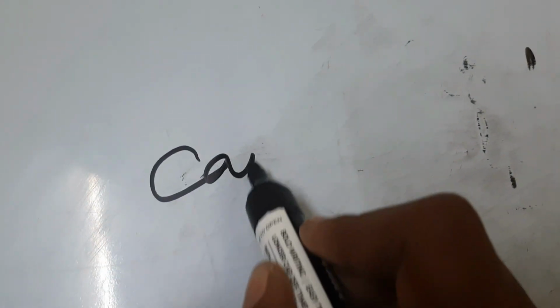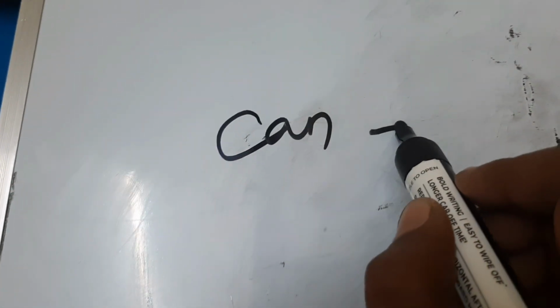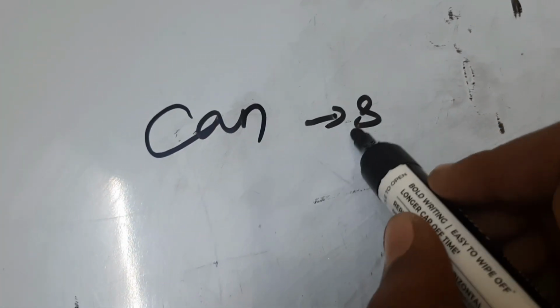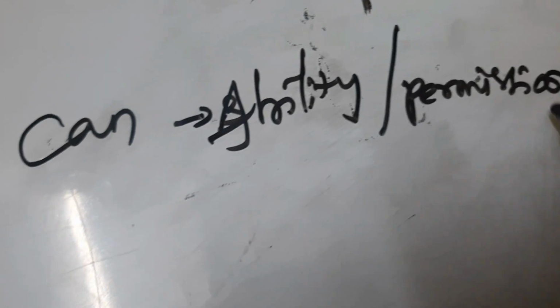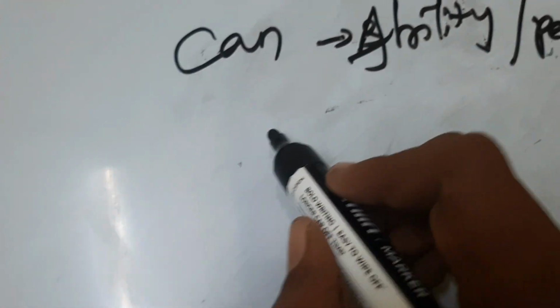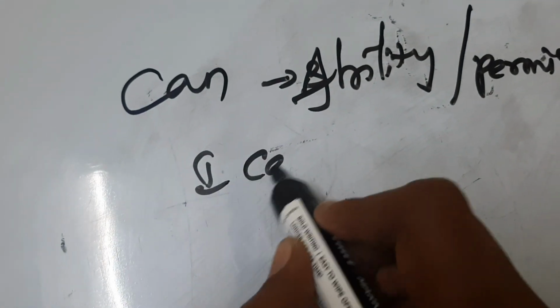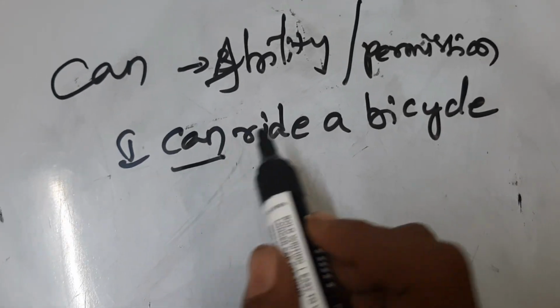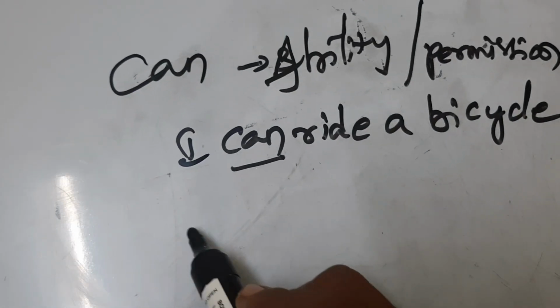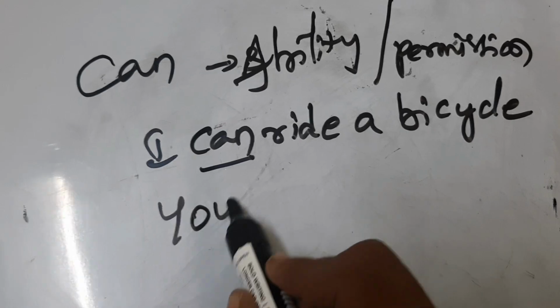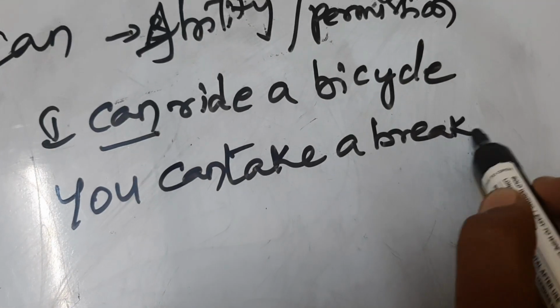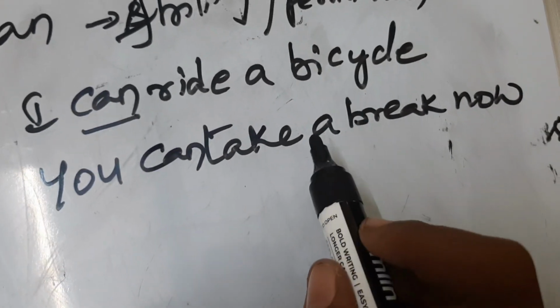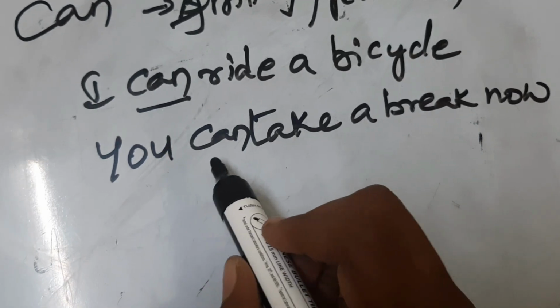See the modal helping verb can, which shows ability or permission. That is, I can ride a bicycle. Here can is the modal helping verb. And then, you can take a break now, which shows permission.